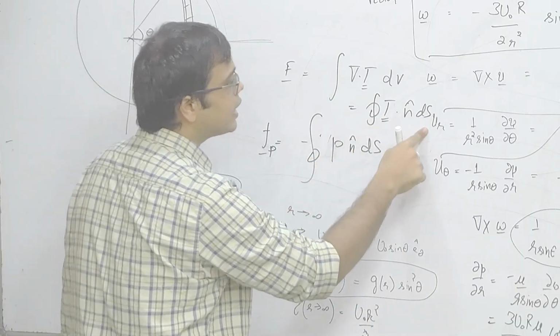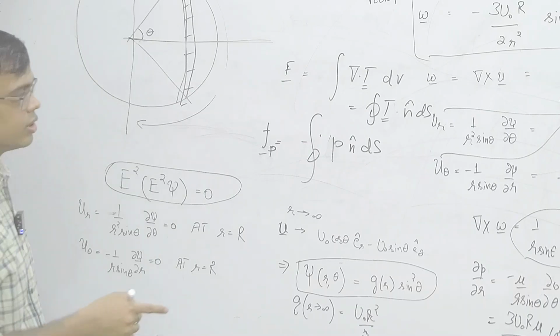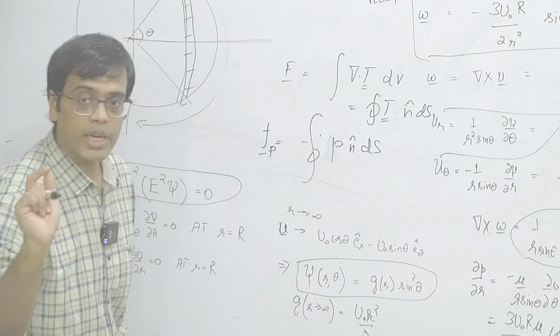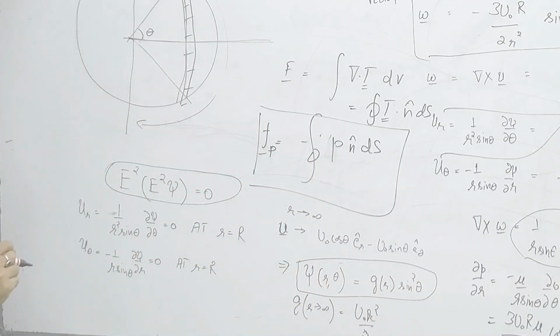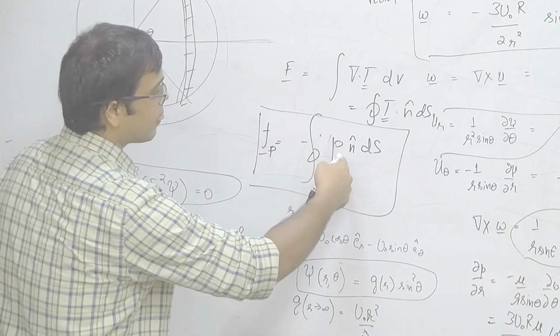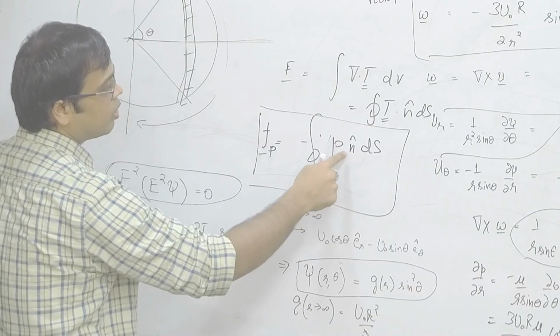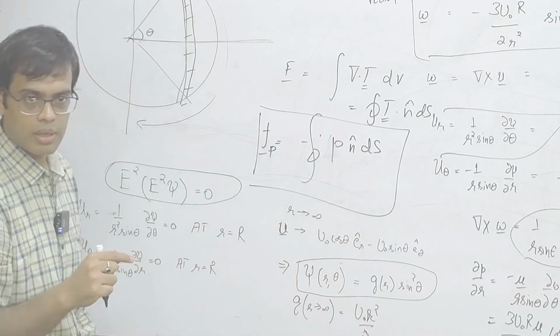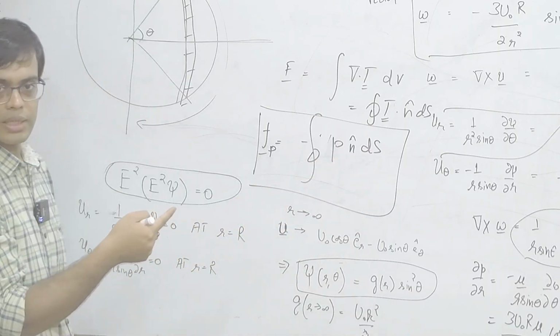Now T dot n dS, T had a minus P times identity plus the velocity gradient terms. So if I'm just looking at the pressure part of that, this is what the force due to pressure is given by. The force is opposite to the direction of n hat, and if pressure is negative, then force is in the direction of n hat.